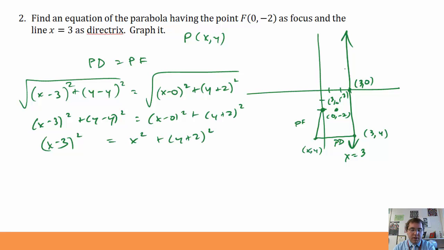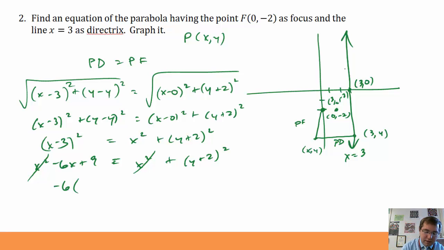squared. Alright, since I've got an x squared on the right hand side that I'd like to cancel out, I'm going to FOIL out the left hand side so that I can cancel an x squared. So I'll have x squared minus 6x plus 9 equals x squared plus y plus 2 squared. Now I can cancel that x squared with that one. Factor out a negative 6 over here because that's what's in front of x.